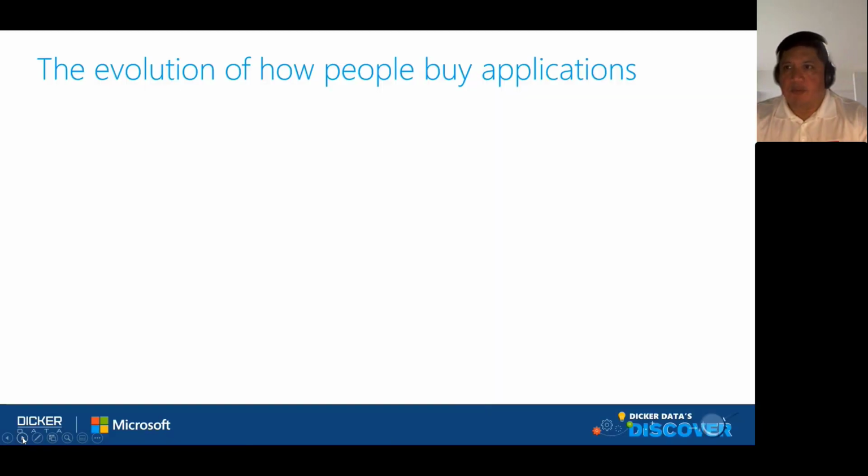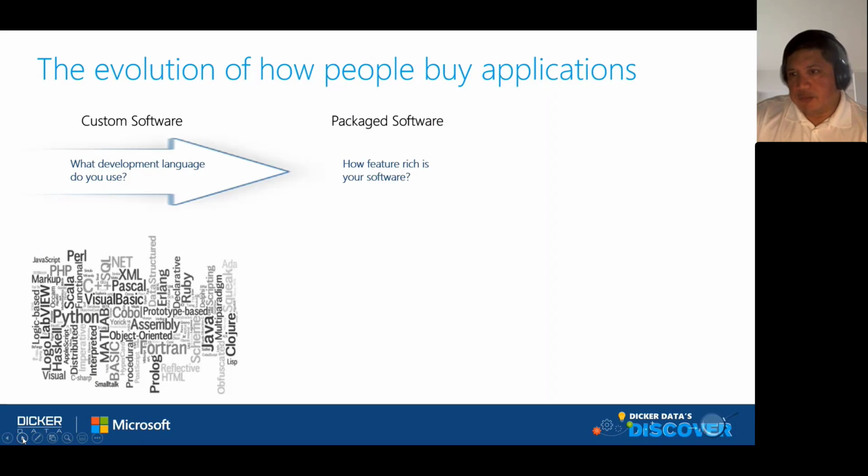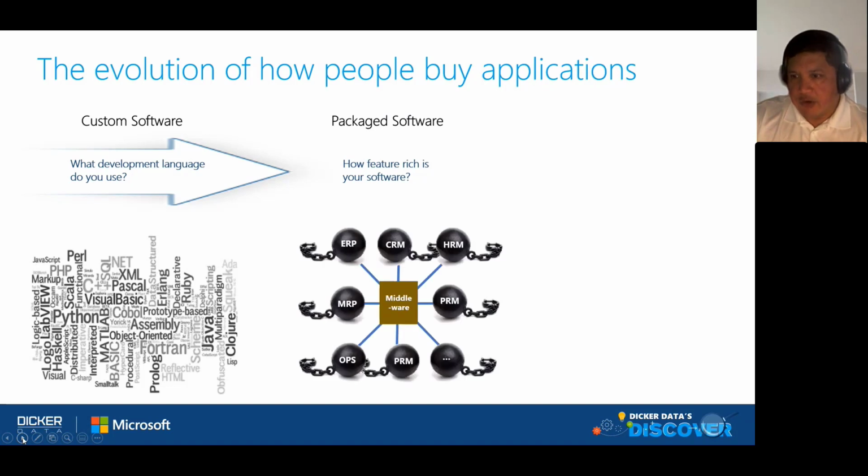So where did we start? In the evolution of when people were buying applications, it was really custom built to the actual business's requirements. And you probably noticed a lot of these older languages such as COBOL, Pascal, and Fortran in the mix there. These were all bespoke applications. The next iteration was when we started to develop package solutions, off-the-shelf solutions such as ERP, CRM, and HRM.